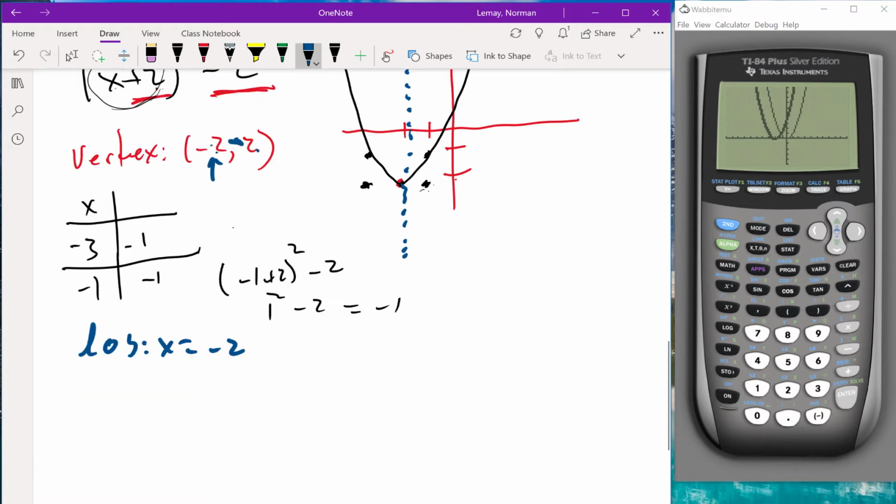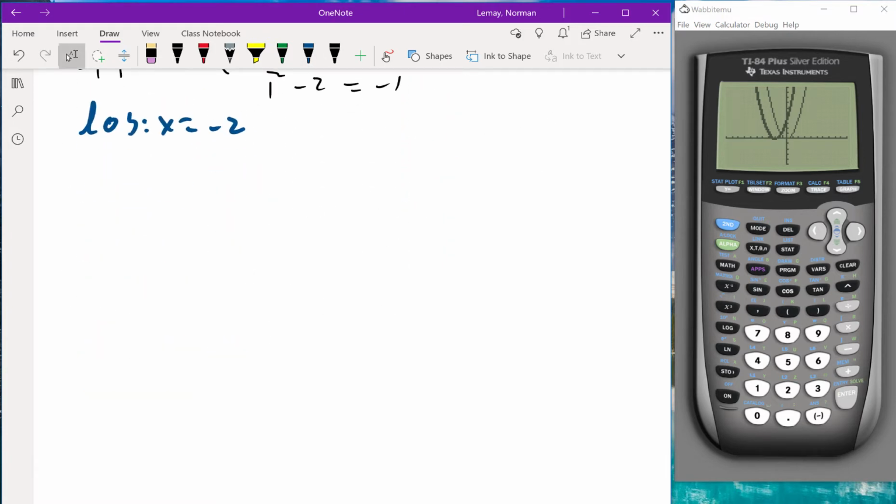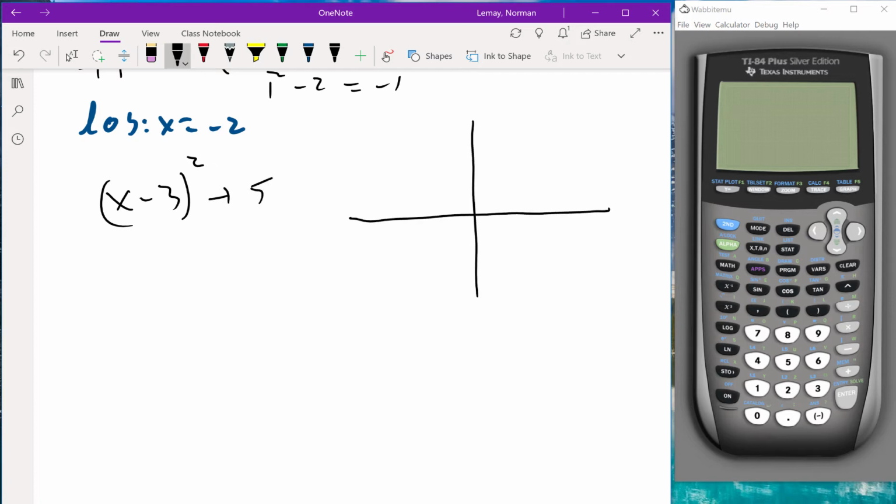Let's take a look at one more. Let's suppose that we have the equation (x minus 3) quantity squared plus 5. Okay. So when we go to take a look at this one here, we know that this minus 3 is going to shift the graph of x squared to the right 3.